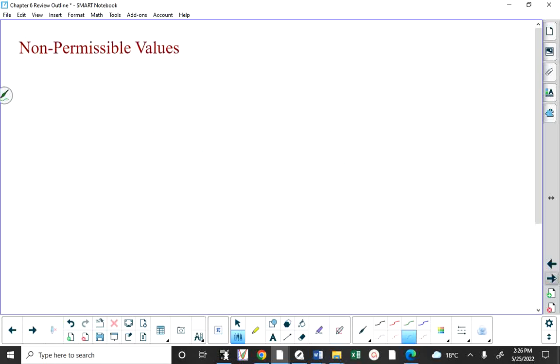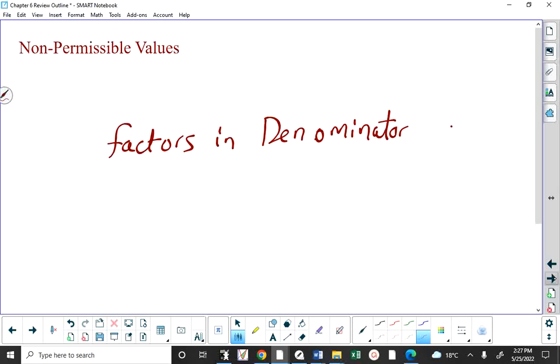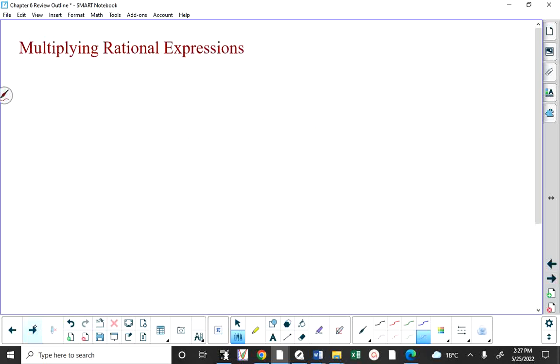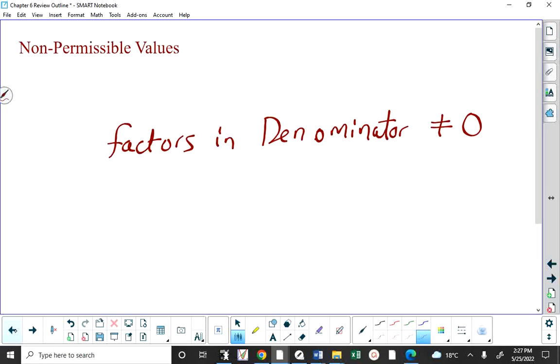Non-permissible values, well, factors in the denominator are not allowed to be 0. Just want to check something. So, what does that mean?